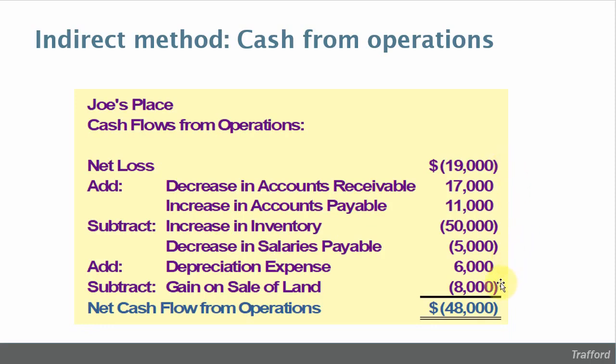So it's not quite as easy for someone to glean that kind of detailed information about operating cash flows. On the other hand, it's a beautiful reconciliation between operating cash flows and the income statement bottom line.